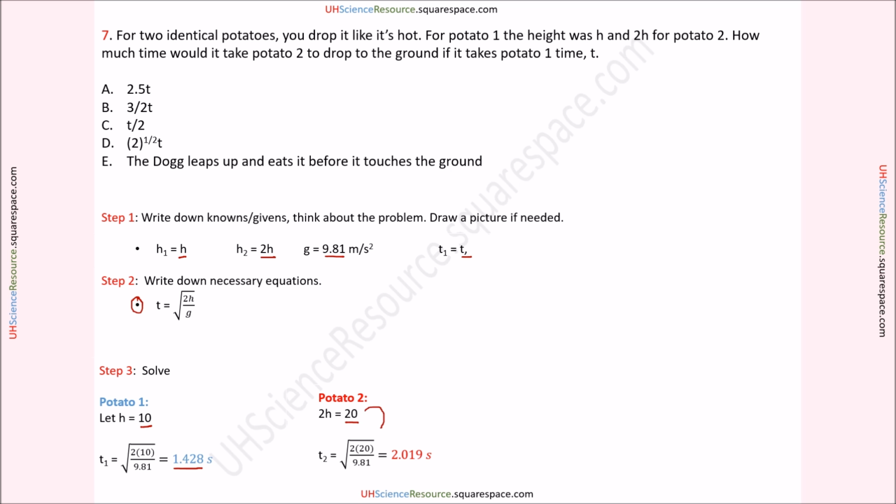We plug that into the equation, and we get the time it takes for potato 2 to fall to the ground. And that's going to be 2.019 seconds. Now, if we compare these two by dividing them, or getting the ratio of potato 2 to potato 1, as is asked in the question, what we're going to get is it's going to take potato 2 1.414 times as long to fall to the ground.